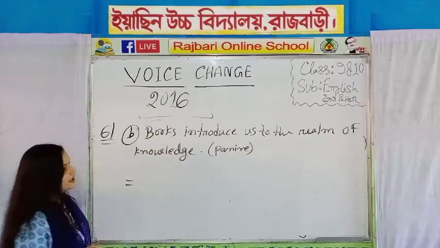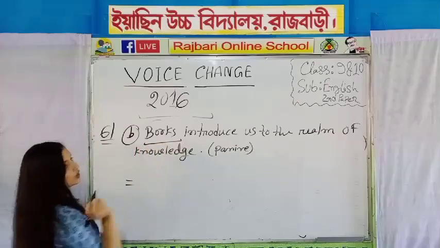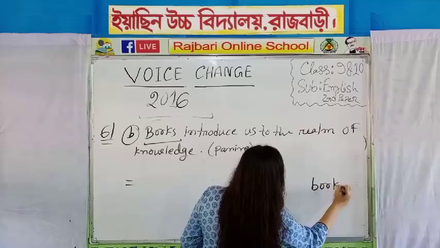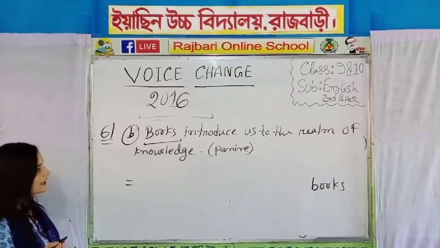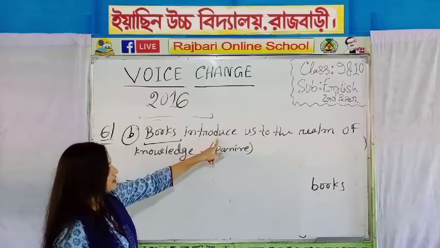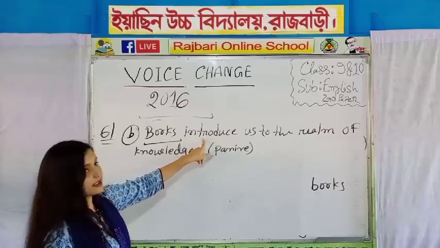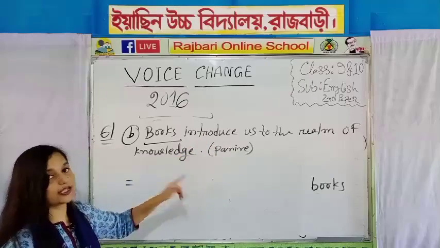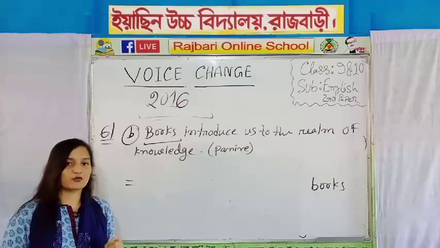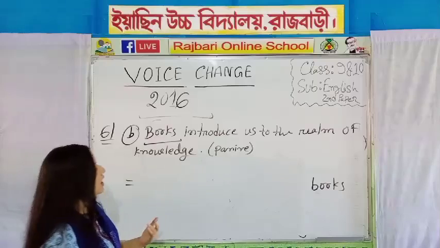Now, how to do passive voice? The first thing is identifying the subject here. What is the subject here? Books. So here it will be object, books. Next one is identifying the verb, introduce. Books introduce. Here it is present indefinite tense, right? For present indefinite tense, we know we have to bring auxiliary verb, am is are, right?